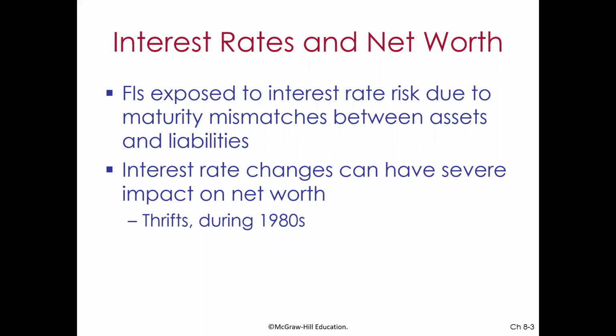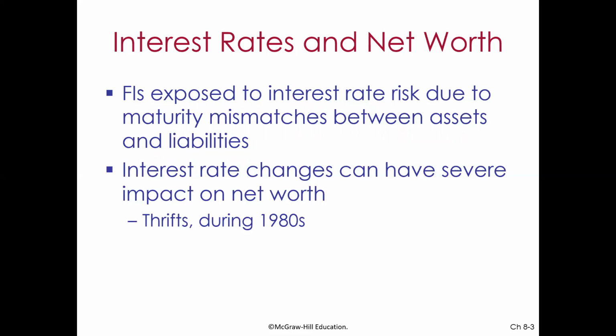We discussed last week that while performing their asset transformation functions, financial institutions often mismatch the maturities of their assets and liabilities. In doing so, they expose themselves to interest rate risk and eventually the risk of insolvency. For example, in recent years, a large number of non-bank depository institutions have suffered economic insolvency.